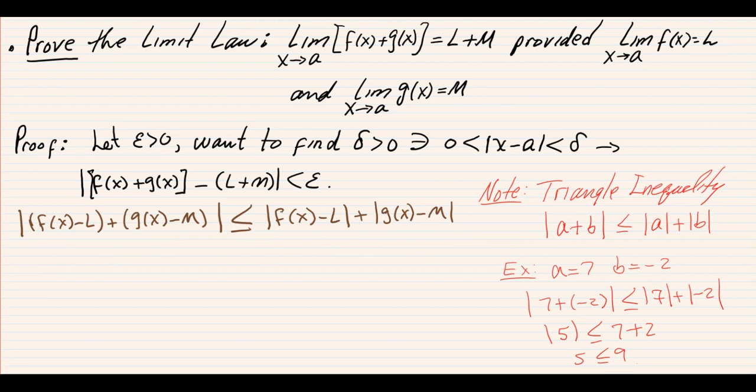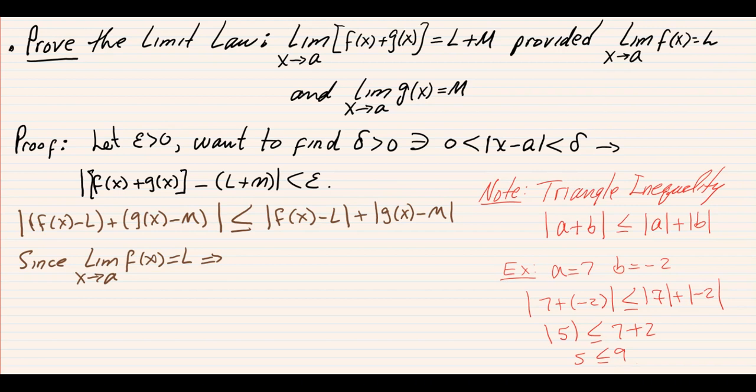Now, we were told that the limit of f of x is L, correct? So let's take advantage of that. Since the limit as x approaches a of f of x is L, this function must satisfy the epsilon-delta definition of a limit.